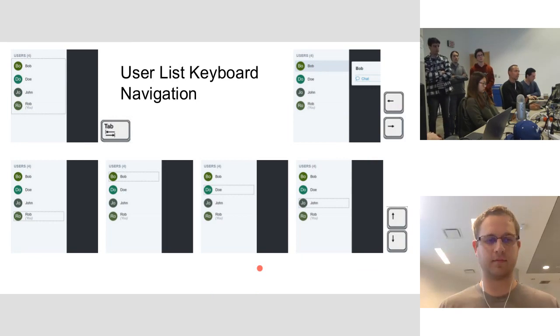This eliminates having to tab through a very large class otherwise. You can also open and close the menu options using the left and right arrow keys. Overall, it just makes using the user list a whole lot easier with the keyboard.